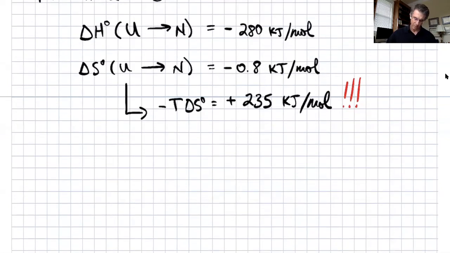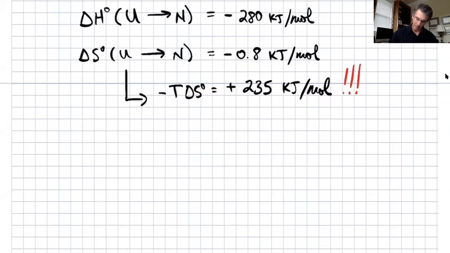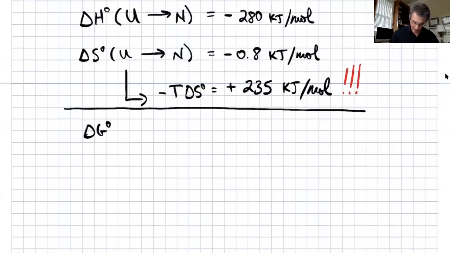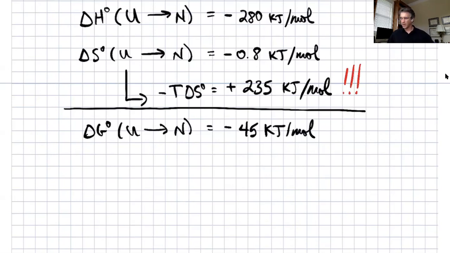Man, okay, well, that's not awesome, but it's okay, because if we sum this whole thing up, we know then delta G for folding of the protein is still going to work because we got minus 45 kilojoules per mole of free energy to work with. So again, whew, that's great.